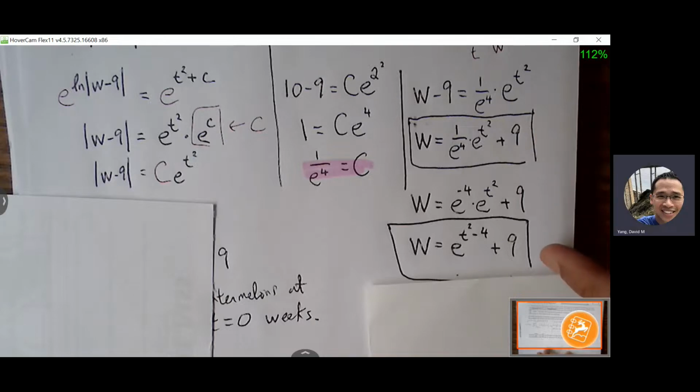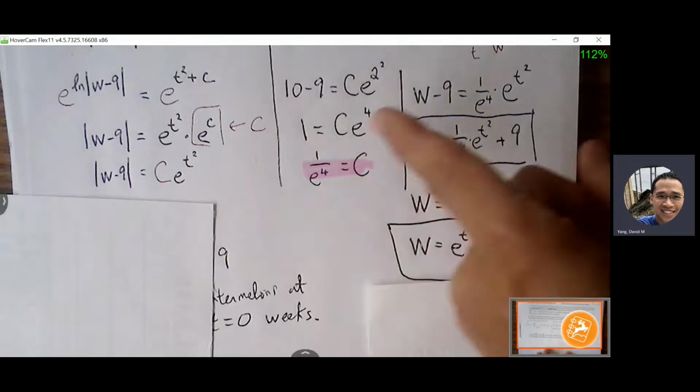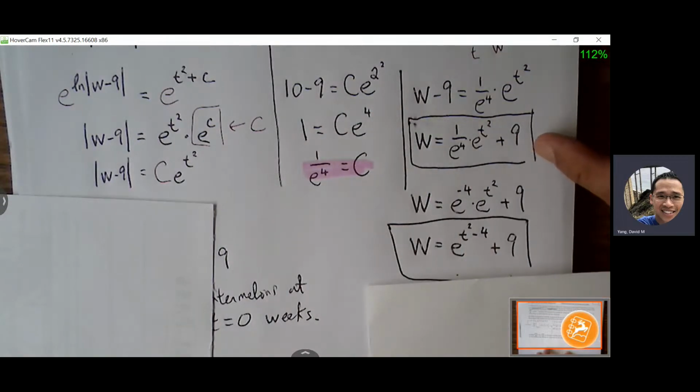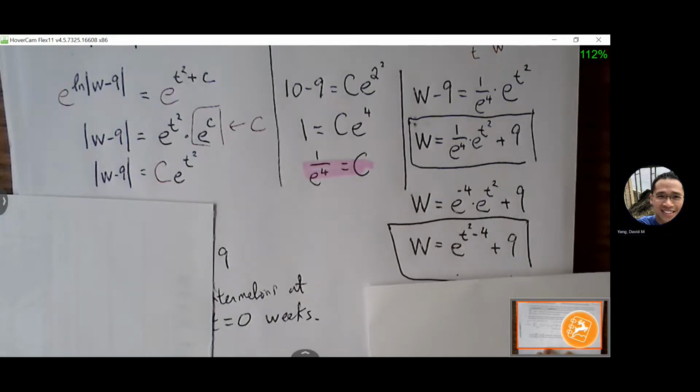Now, I do want to point this specific answer out, not because you'd have to write it on the test if it's FRQ, but this is probably how answers will be presented if it's a multiple choice question. Okay, so if you see this problem on the multiple choice section, and you get to this answer, that's fine, but you have to be able to select the correct answer choice. And you have to know that sometimes your form may be correct, but if it doesn't match this correct answer choice, I don't want you to get lost, feeling like, oh, I have the answer, but it doesn't look like my answer.